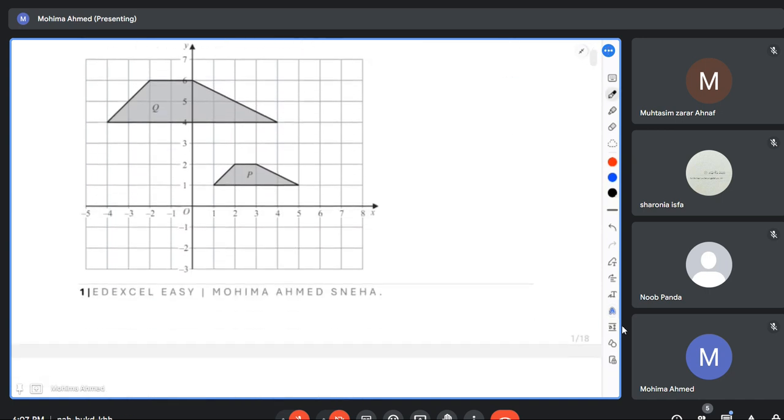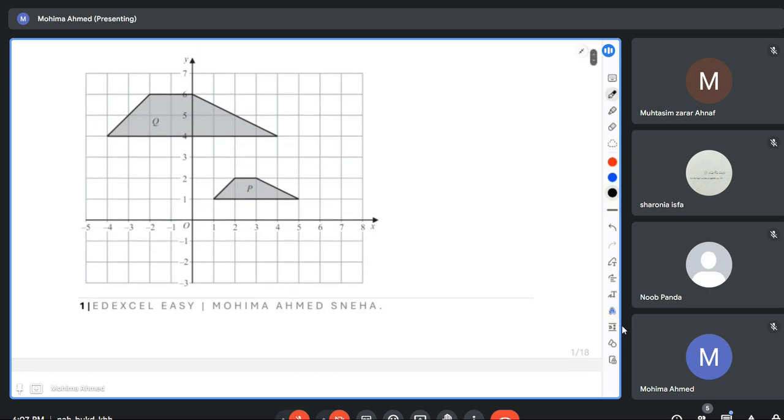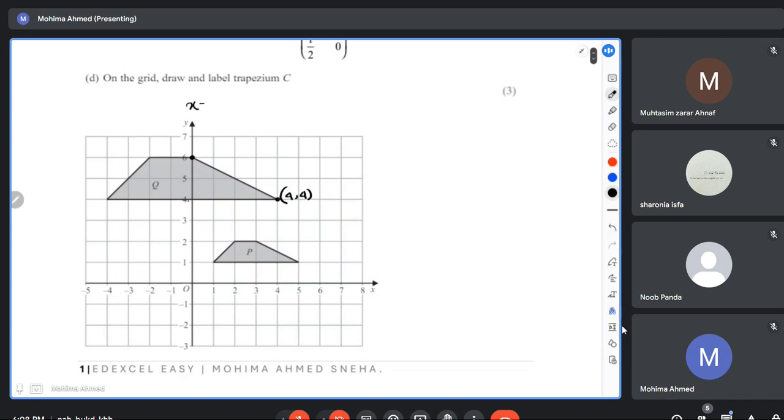For example, I am going to label the coordinates over here. This point has a coordinate of 4, 4. You take the x-axis reading and you take the y-axis reading. So 4, 4 for that point. And for this point, as this is exactly on the y-axis, always remember at the y-axis, x is equal to 0.